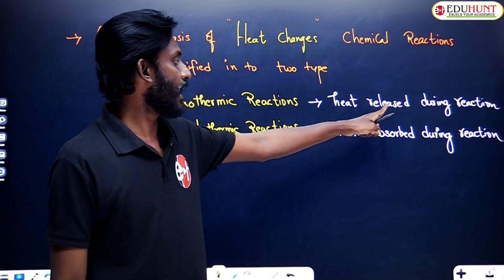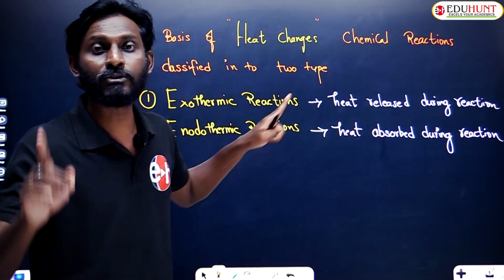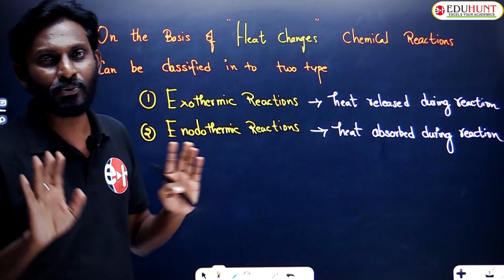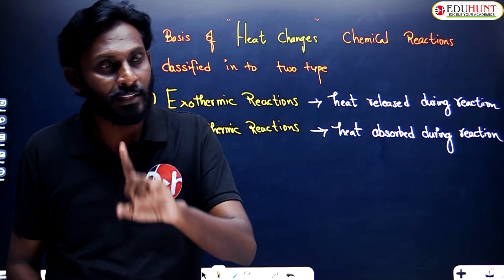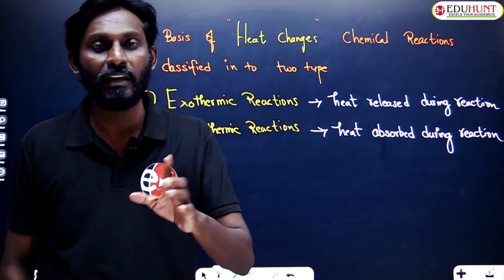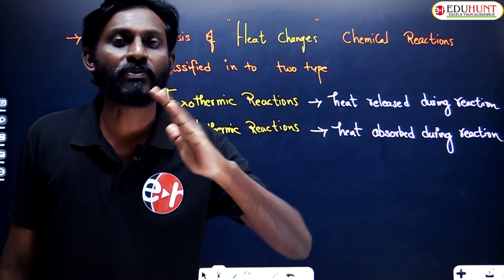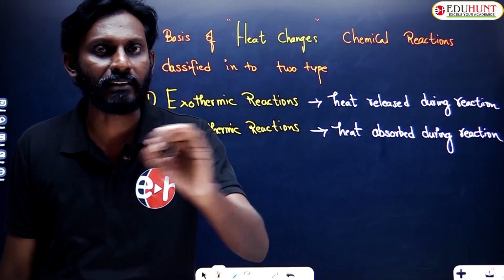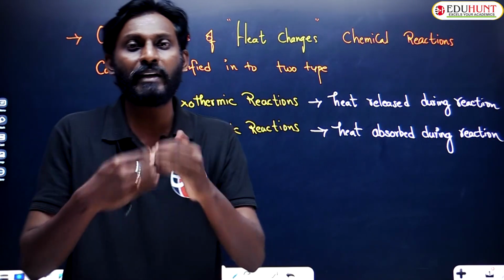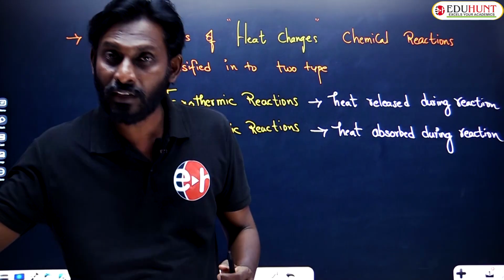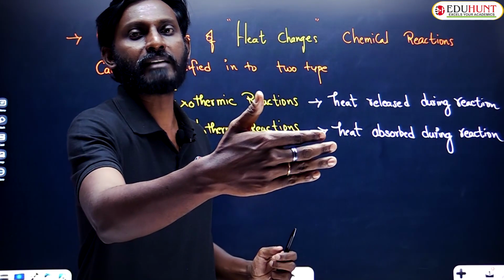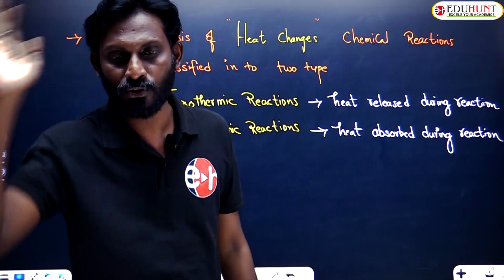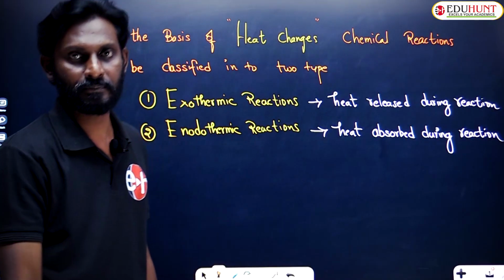When there is no chance for heat release, there is no chance for that reaction to take place, because an exothermic reaction is only possible when there is a chance for heat release. So during the course of an exothermic reaction, along with the reaction, heat releases.